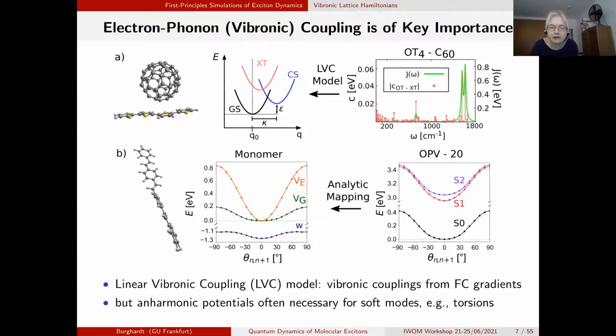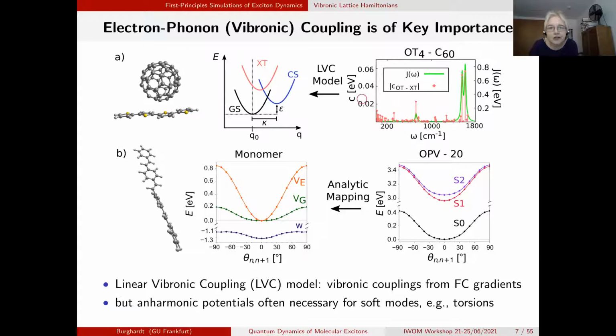So as already mentioned, from the electronic structure side, we don't just take single point information, but we get information about the potential as a function of the important subset of vibrational coordinates. And there are different ways of doing this. So one approach is to use these so-called spectral densities.